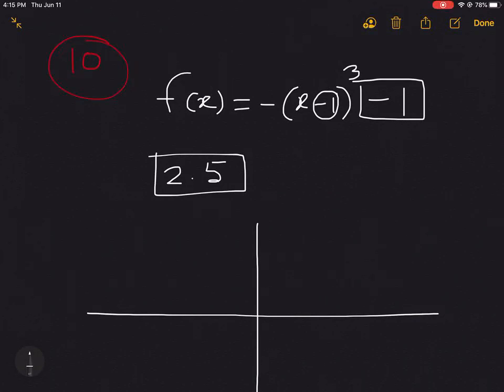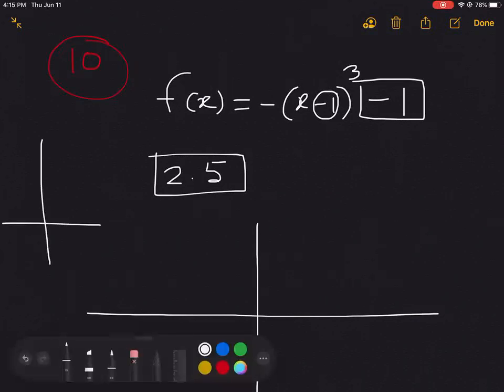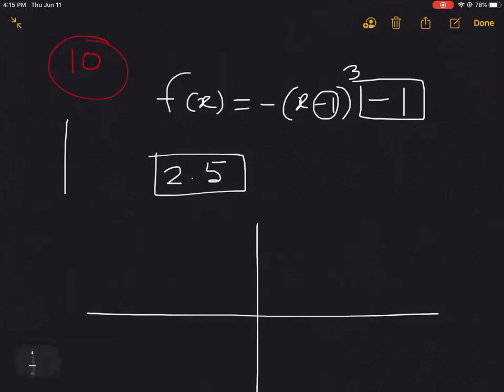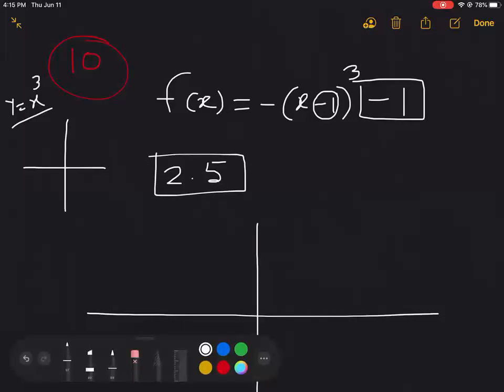So now if we know how the graph of y equals x cubed looks like, then the rest is very simple. If you don't remember, don't worry, you'll still have Saturday and Sunday to go over this. But the graph of x cubed looks like this.